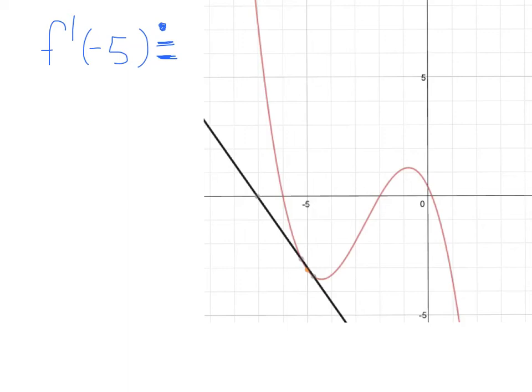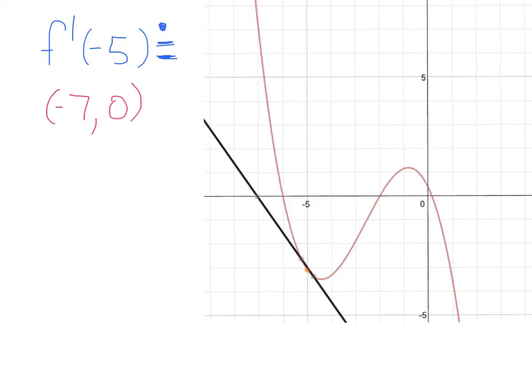Then what we'll do is we'll find 2 points on the function. So we'll have the coordinates of this point right here, and those coordinates are approximately, let's see, -7, 0. Any 2 points on the function ought to work.